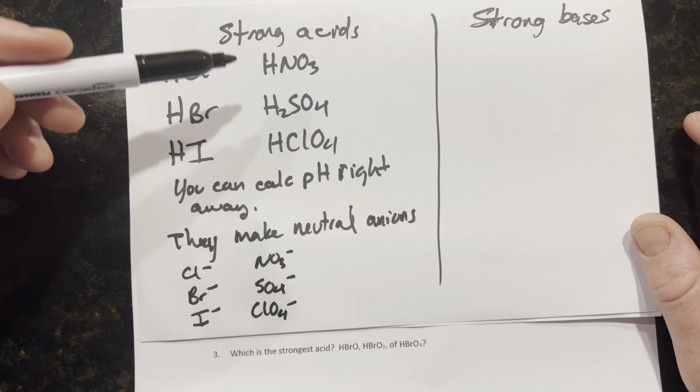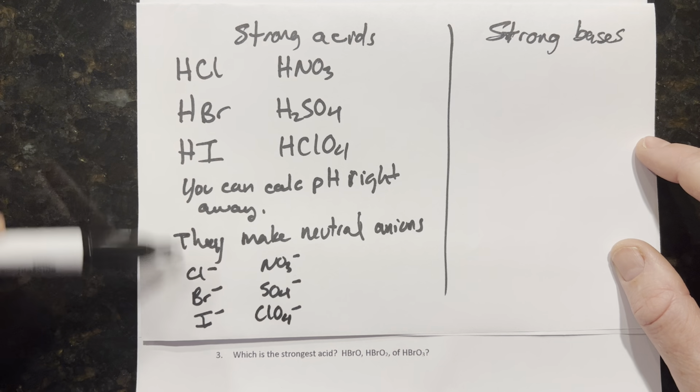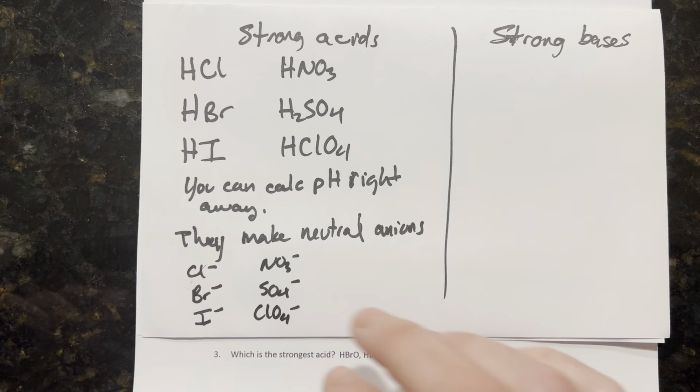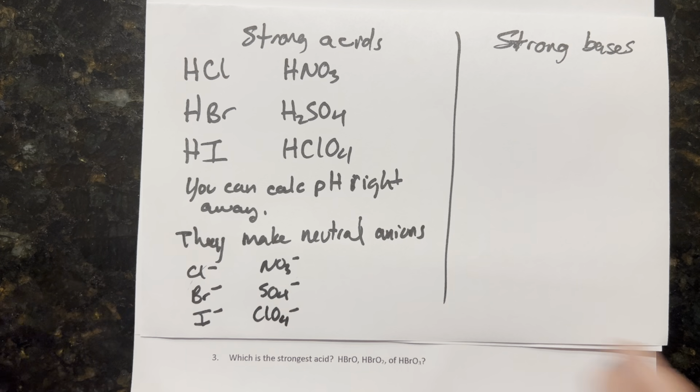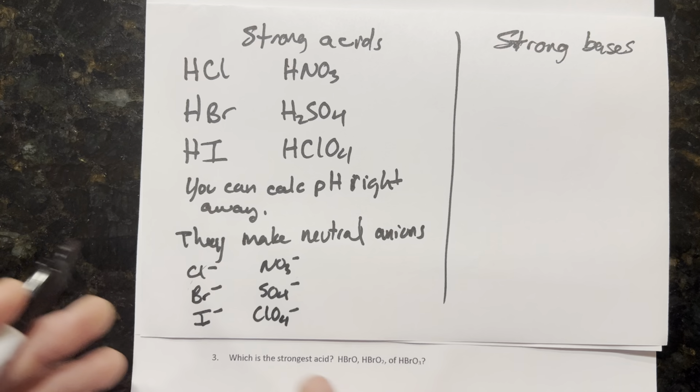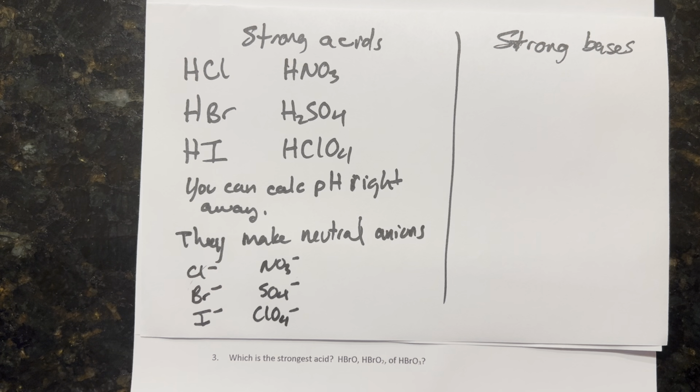So if you just take an H off of these, you get these, and these are all neutral anions, meaning they have no pH issues whatsoever. They don't contribute to the pH at all.